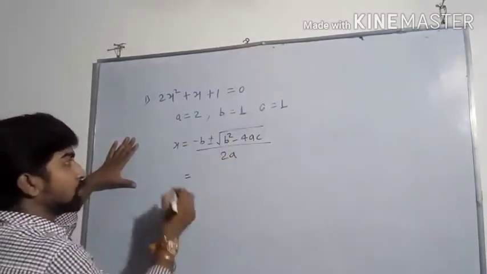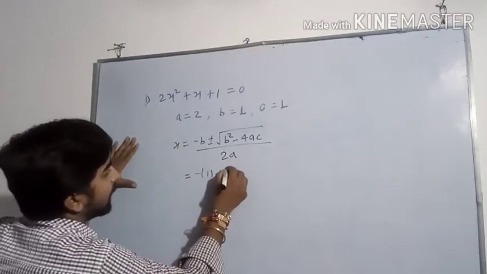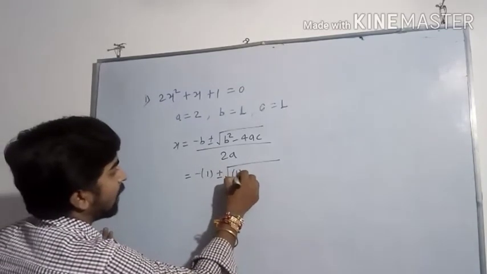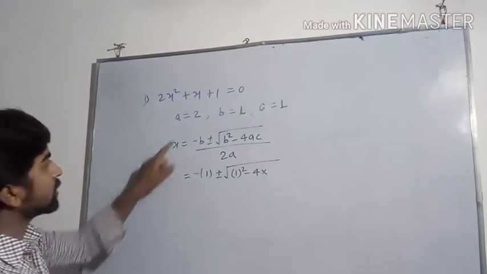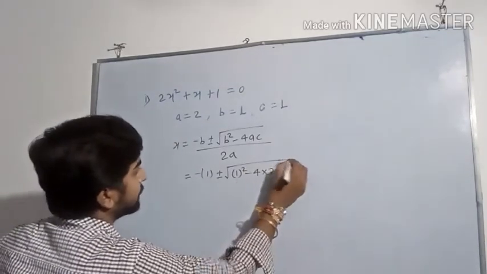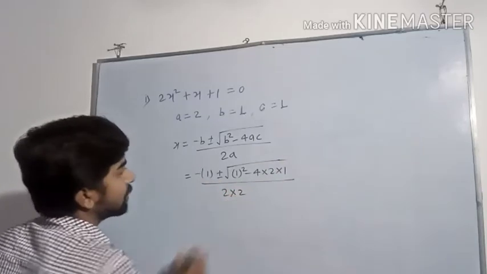B is equal to 1, so we will put here minus 1 plus minus under root b square, that is, the square of 1, minus 4 into a, which is 2, and c, which is 1, upon 2a, where a is equal to 2.